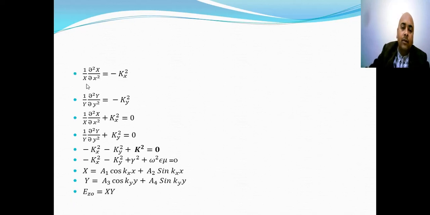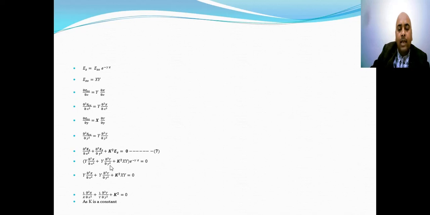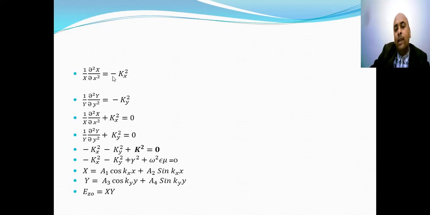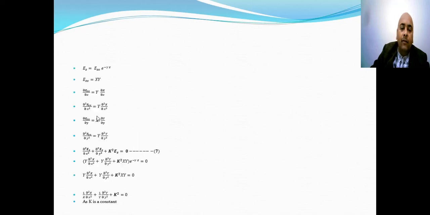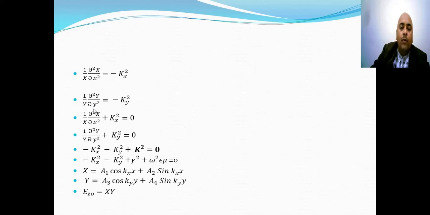So let us suppose 1/X ∂²X/∂x² is a constant whose value is minus kx², and the second term, which is 1/Y ∂²Y/∂y², is again a constant whose value is minus ky².